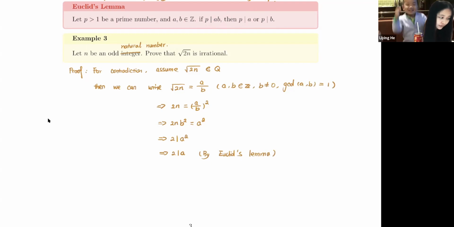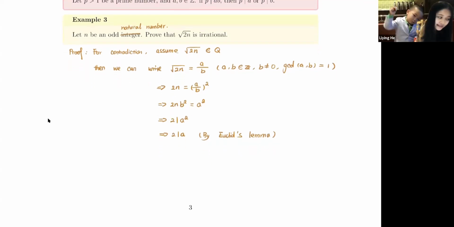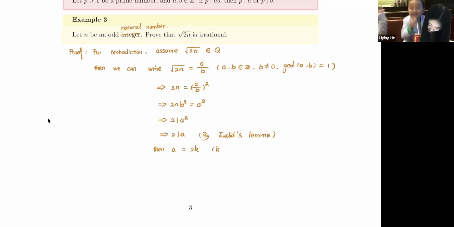Since we know 2 divides a, we can write a as 2k, where k is an integer, and we can substitute this back to this equation.